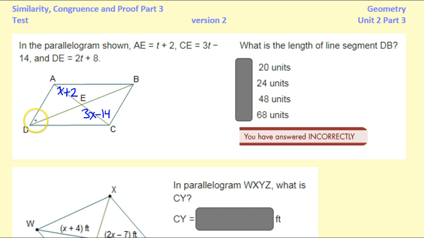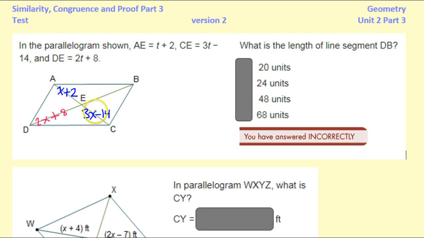DE is 2x plus 8. I put these two in blue because they are the same length. These are two halves of the same diagonal, so they should be equal. I put this one in a different color because it is a different diagonal, so it will not equal the other two.